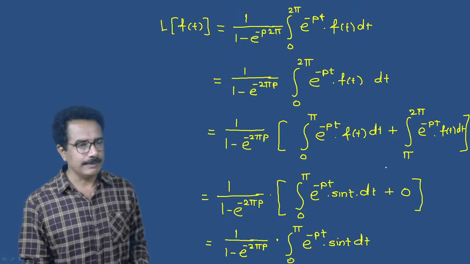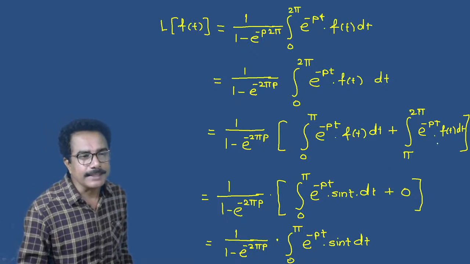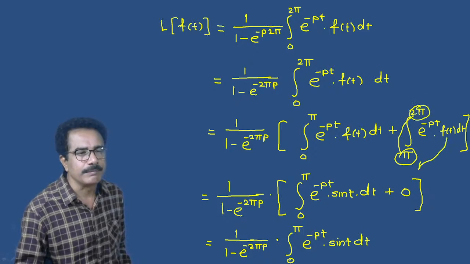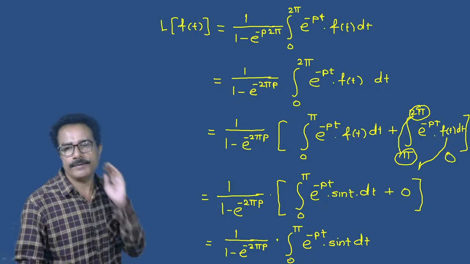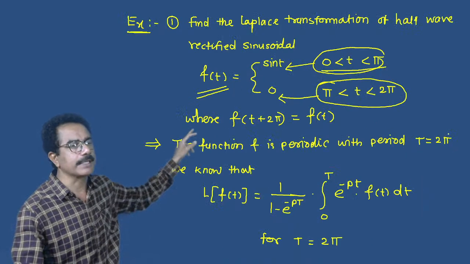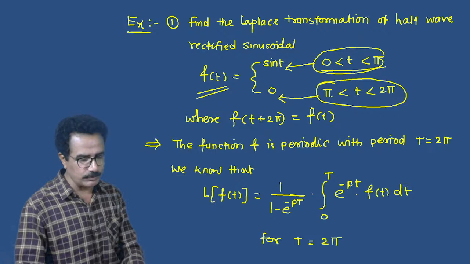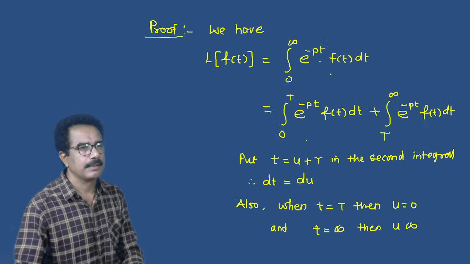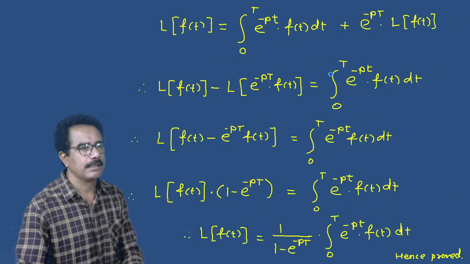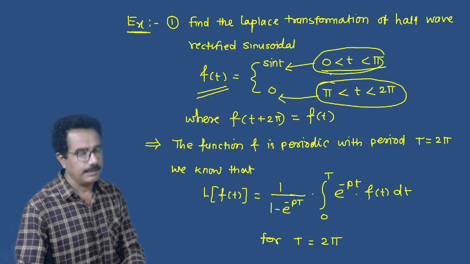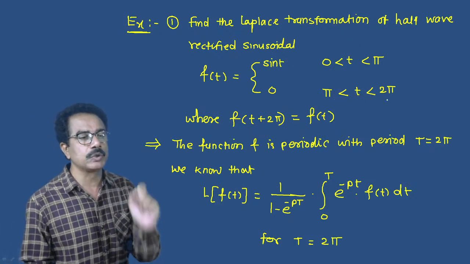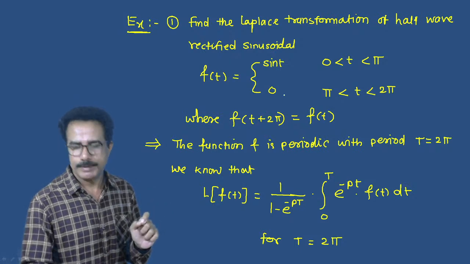Okay. So now we know that from pi to 2 pi, the value of f of t is 0 according to the given condition here. See this. The value of the function between pi to 2 pi is 0.